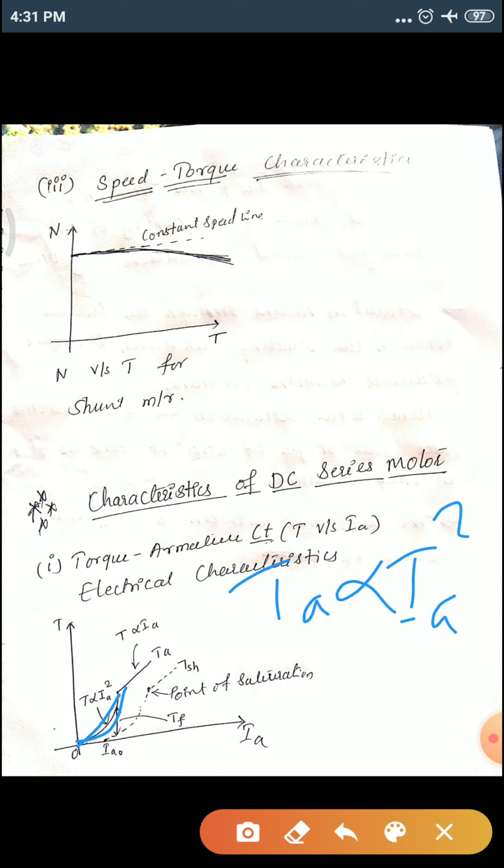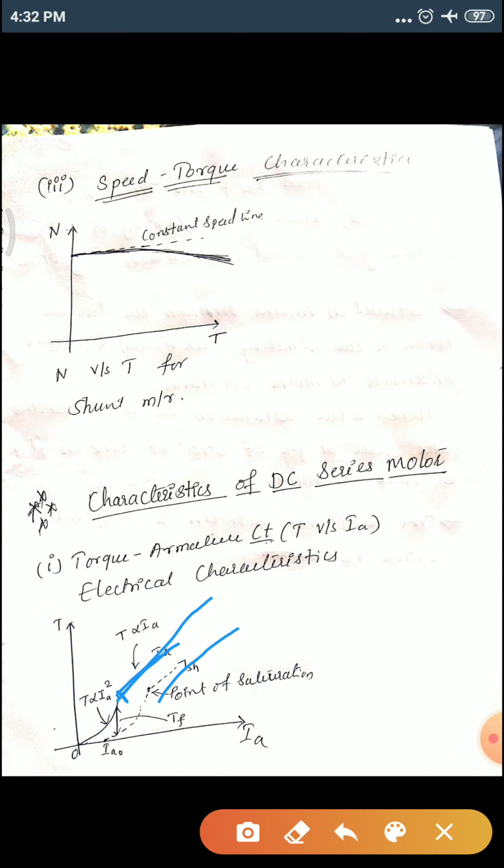When the current starts increasing, your torque also increases as the square of the current, therefore it is parabolic in nature. After a certain point there is a limit, and after that the curve takes a constant direction. It increases gradually, but remains nearly constant.